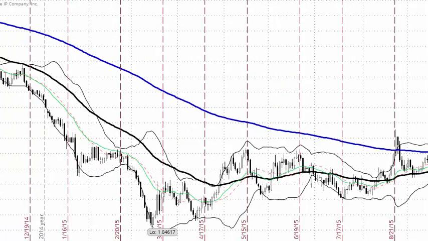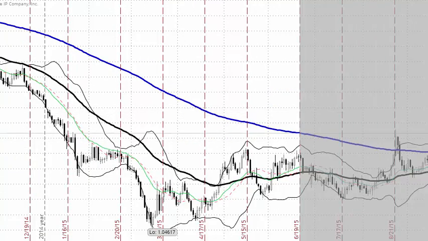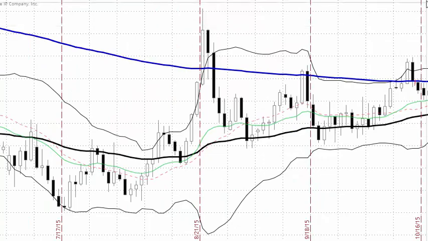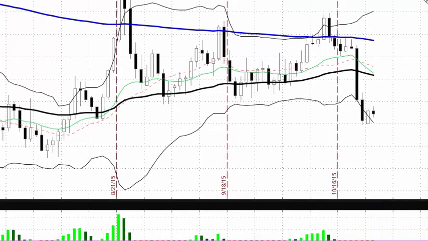Let me show you. Here we are on the daily chart, and if we zoom in a little bit, you can see we made this huge move down, and we are kind of indecisive. I would expect some form of retracement, and if we were to grab our Fibonacci retracement tool, we can project the retracement.